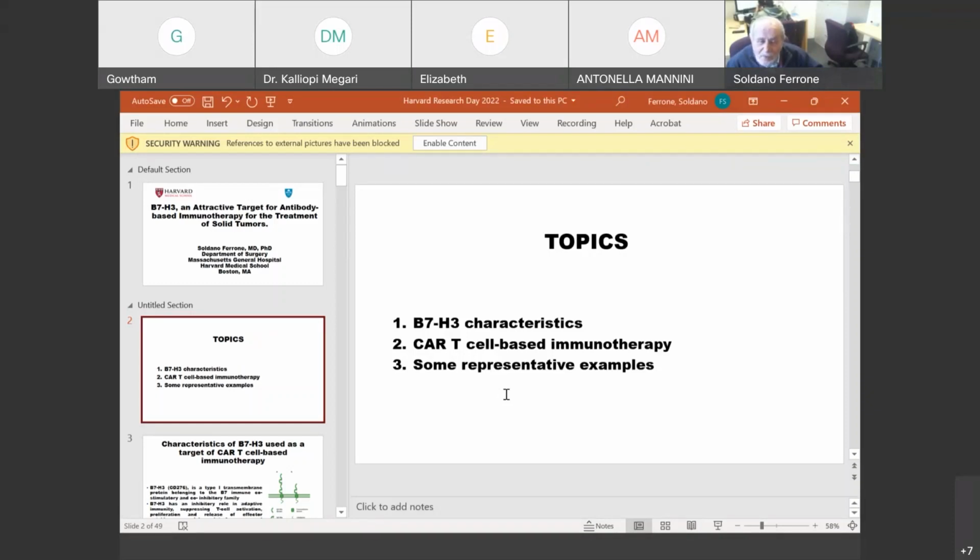Now, this work is preclinical, so the treatment of malignant diseases is done in immunodeficient mice, but the results will then be utilized in order to translate the approach to a clinical setting if the results are positive. And I will mention to you already that this is already happening for one type of solid tumor.